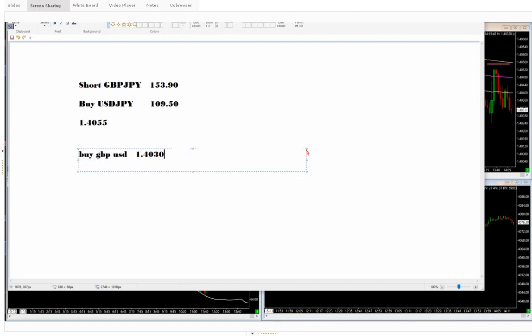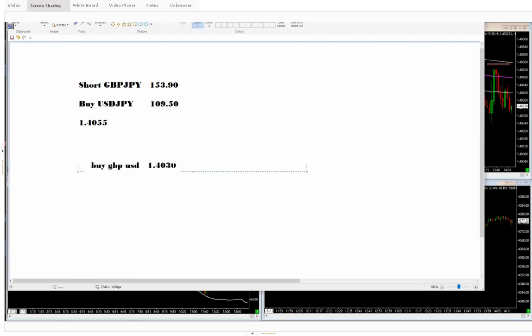Completely flat the market, right? You may say, why are you completely flat? Well, let's think about what I've done on the pound. Assuming all the numbers are right, I've bought pounds here, and I've sold pounds here, so I don't have any pound exposure. What about my Japanese yen exposure? Well, I've sold Japanese yen here, and I've bought Japanese yen here.